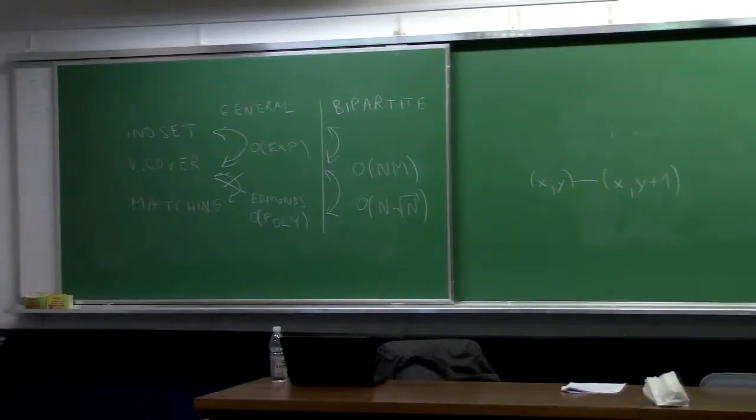So we have black points on diagonals and white points on diagonals. And now we can see that this graph, in this graph we have edges between all adjacent pairs.